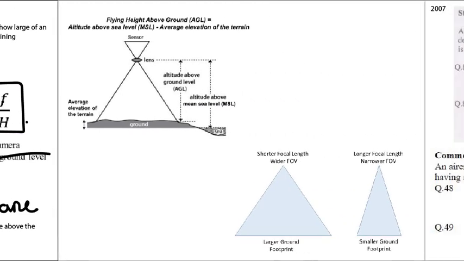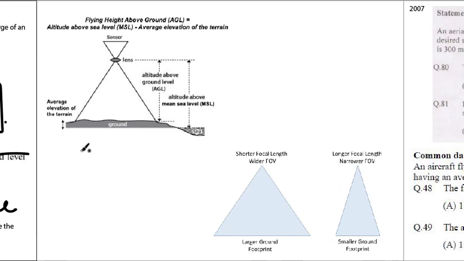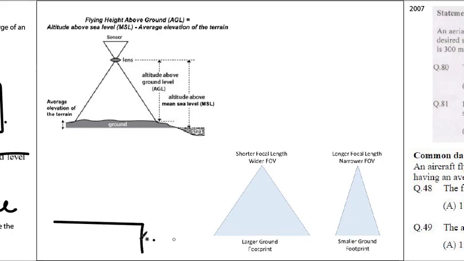Now going further, flying height above ground level. AGL is equal to mean sea level minus average elevation of the terrain. So now we have a terrain and a sea level. This is the sea and we are flying up at this point. What will be the flying height above ground?